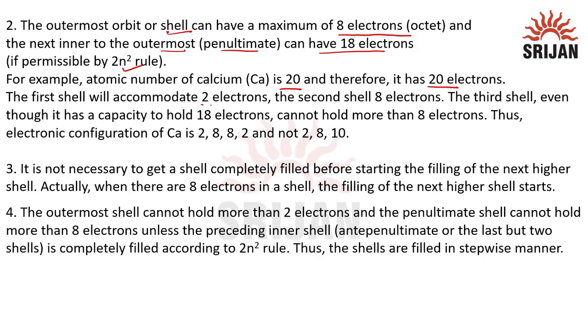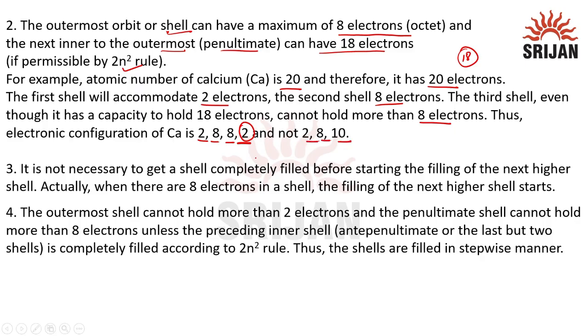The first shell will have 2 electrons, the second shell will have 8 electrons, and the third shell can accommodate 18 electrons but it will have only 8, and the outermost shell will have 2 electrons. That's why the calcium electronic configuration is 2, 8, 8, 2, not 2, 8, 10.